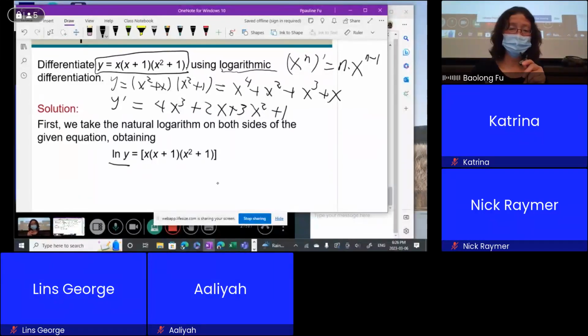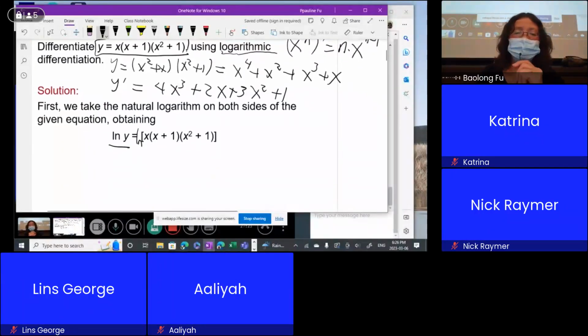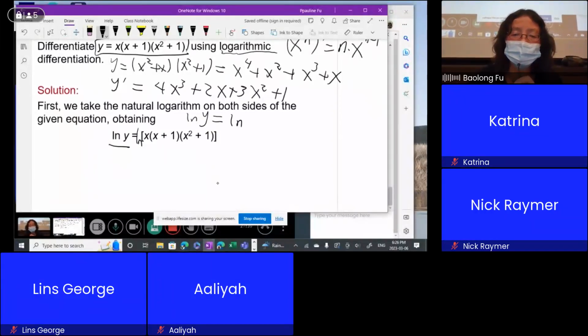I'm very sorry. Left-hand side, ln is missing. So the logarithm function is missing here. So you should have ln on the right-hand side. Okay. I will rewrite it. So ln y on the left-hand side equal to ln of the product. So it should be this one.